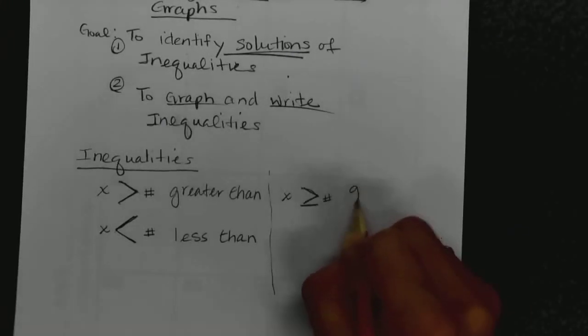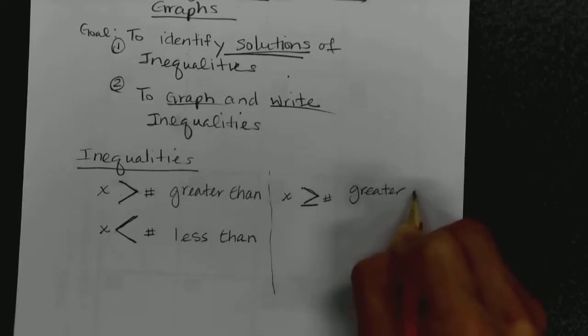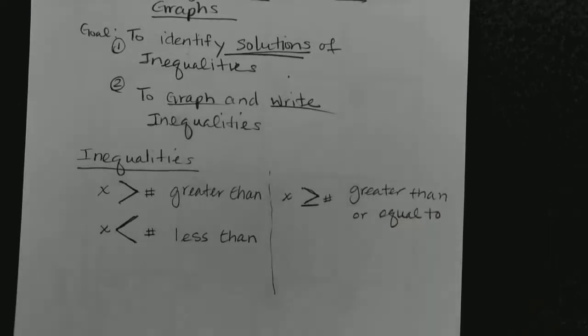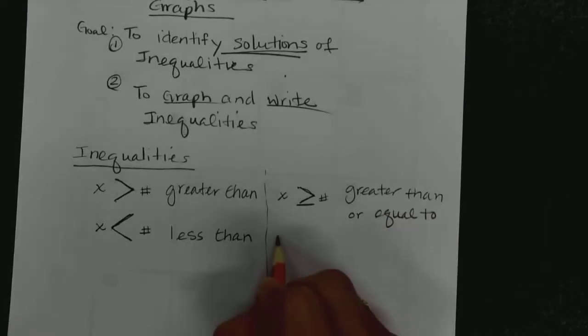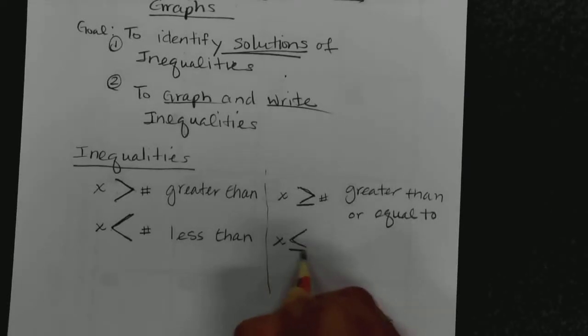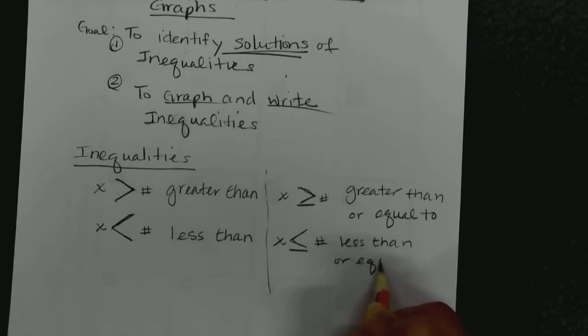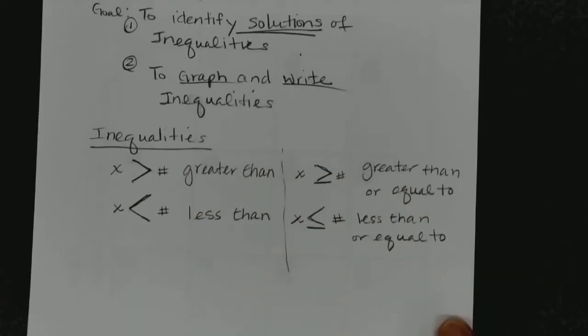And then here's the x again, but the pointy end this time is pointing toward the x. So you read it as less than or equal to. And these four symbols are called inequalities.